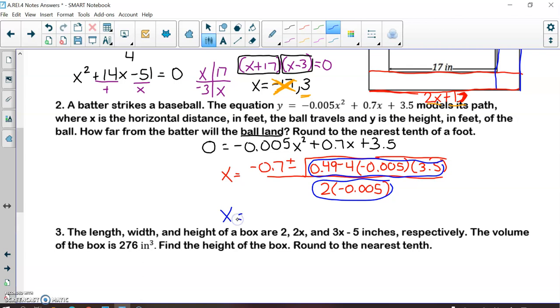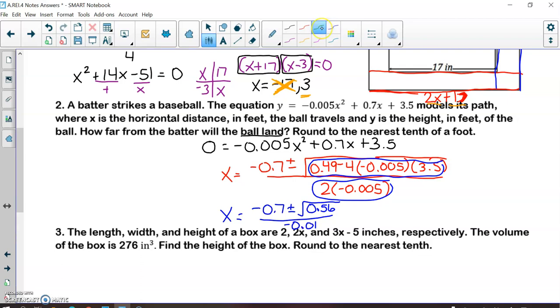So x is equal to negative 0.7 plus or minus the square root of 0.56 all over negative 0.01. All right.